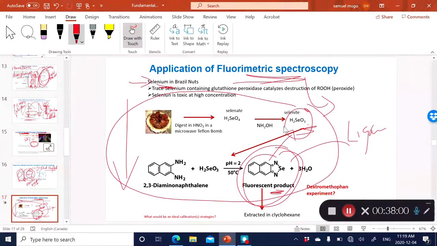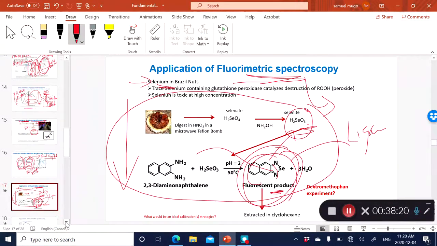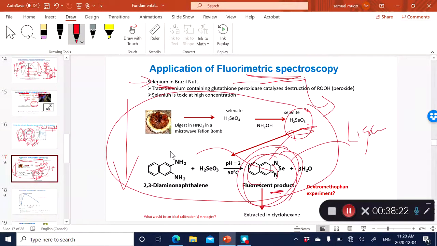So you take selenium, you react it with diaminonaphthalene, it gives you this fluorescent compound, and that's what you analyze using fluorescence. So even if selenium is not fluorescent, you can do derivatization to make it fluorescent. And of course, there are many other applications out there. I just took this as an example of detection of elements using fluorescence spectroscopy.